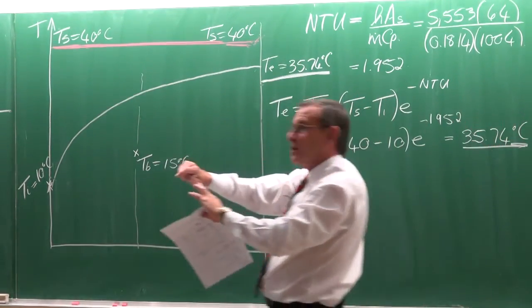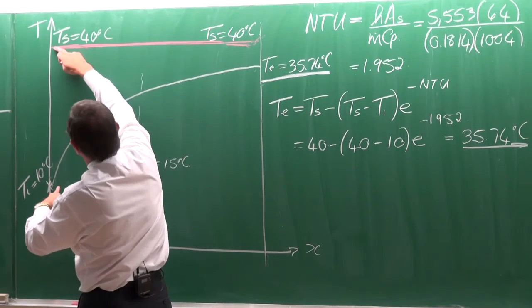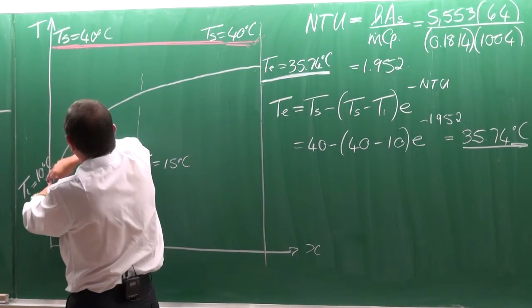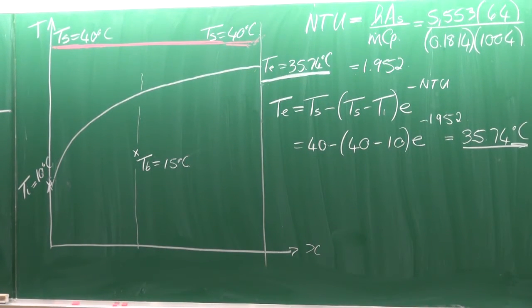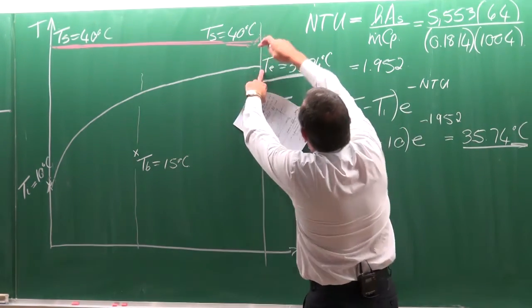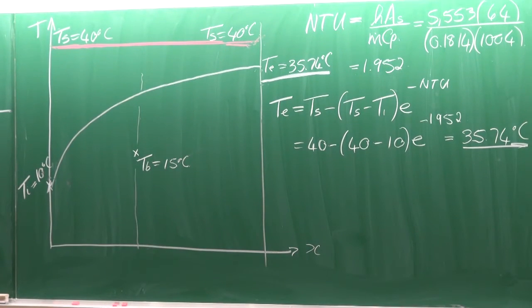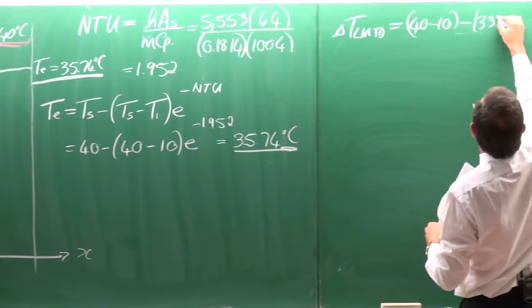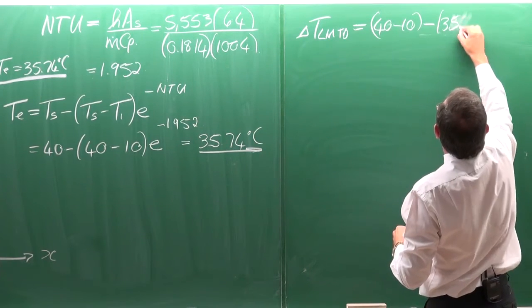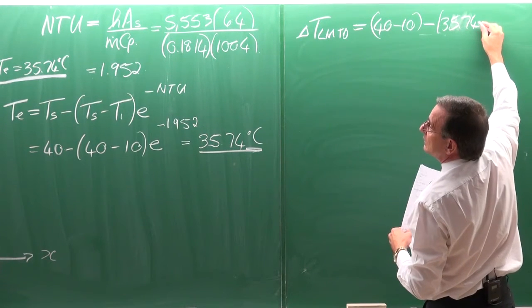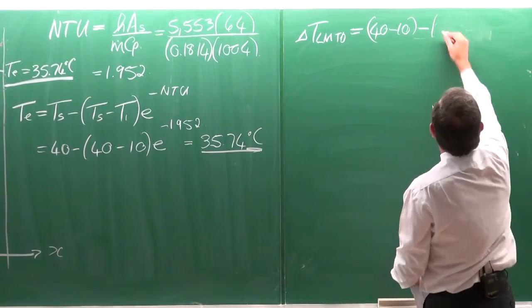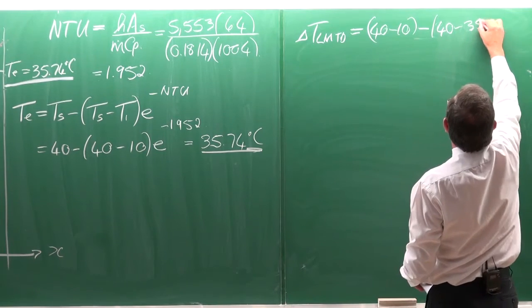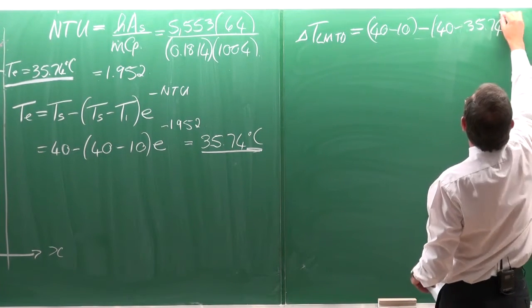So, let's start by saying the LMTD is that temperature difference, 40 minus 10, minus this temperature difference, 40 minus 35.74. Is that right?